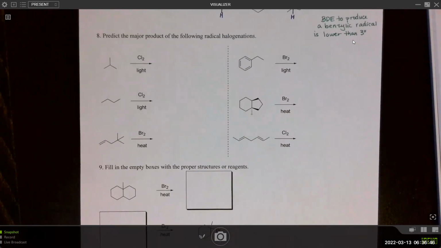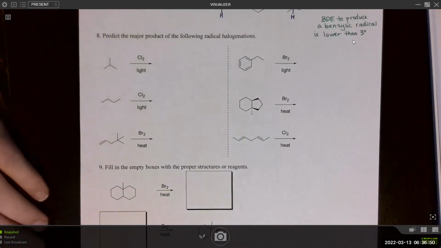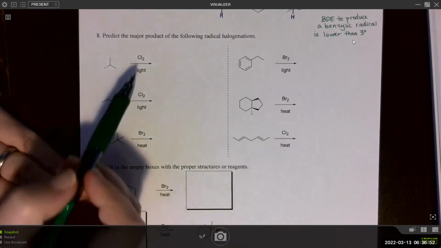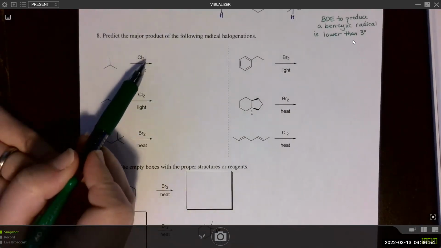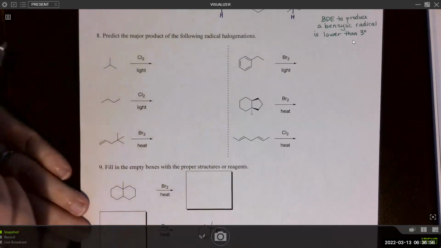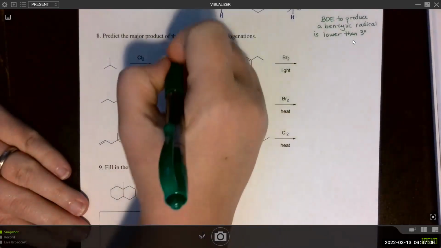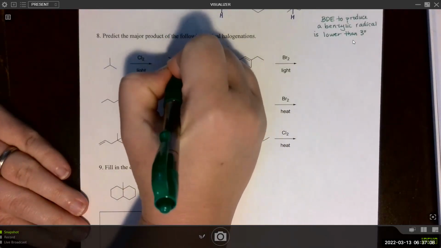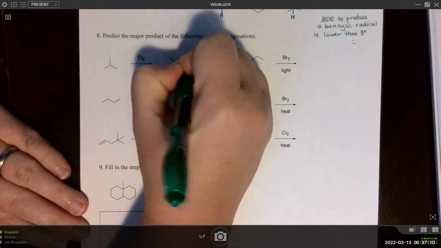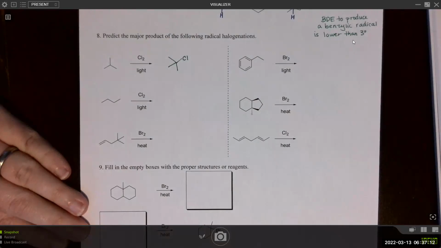Predict the major product of the following radical halogenations. So recall that even though chlorination isn't as selective as bromination, it is still slightly selective for the more substituted position. So we will go ahead and draw that in. It will still be the major product.